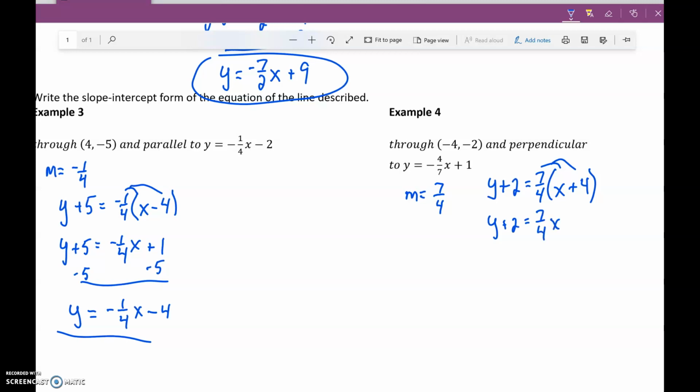And then 7/4 times 4 would give us 7. Subtract 2, and we will have our equation. So there's our equation that is perpendicular to this line and passes through that point.